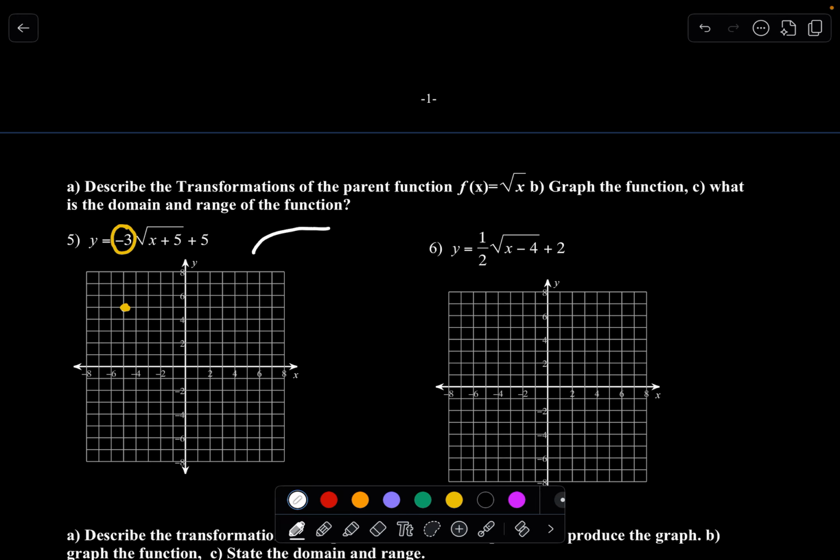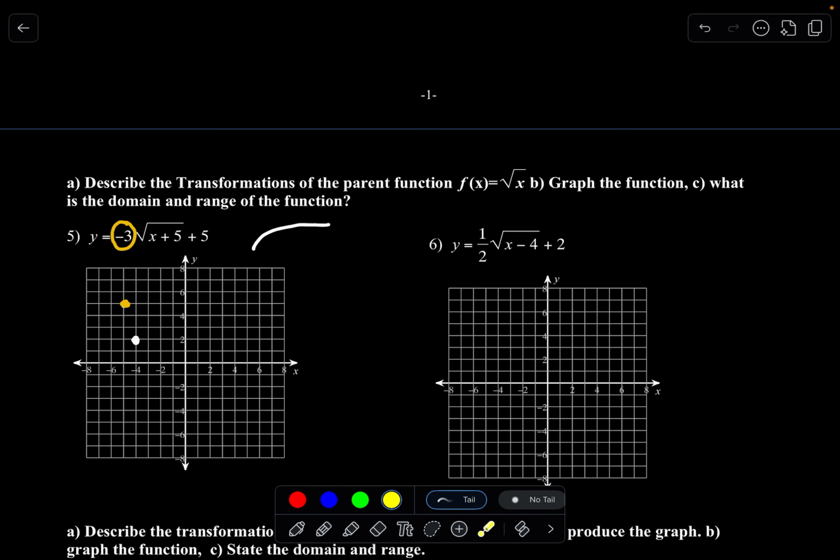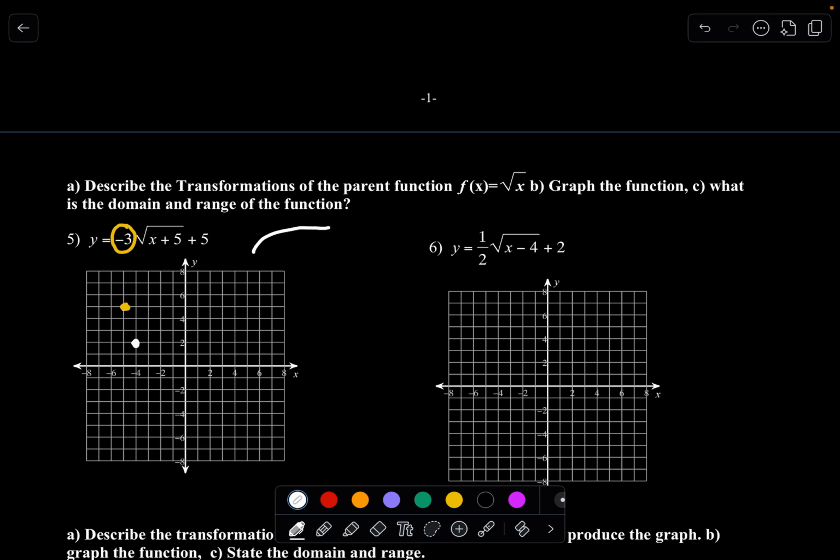So over 1, down 1, 2, 3. So here's the next point in the graph. We're stretching it. So we go to the right 1, 2, 3, 4. Square root of 4 is 2. Multiplied by 3, we go down 6. So we're down here.